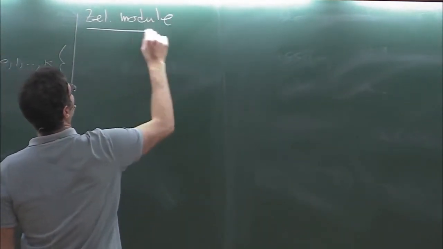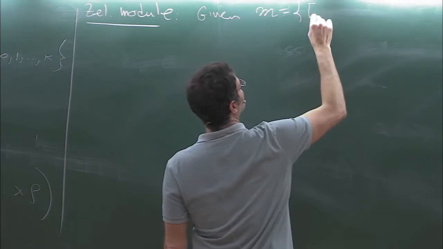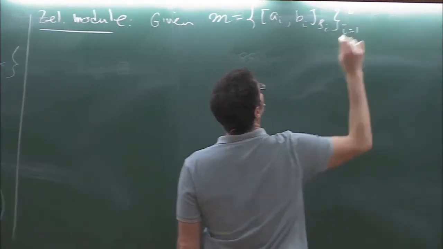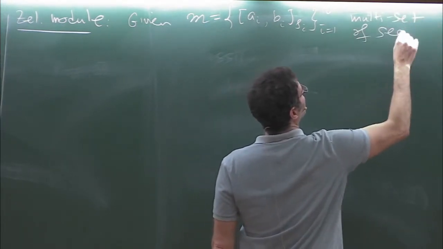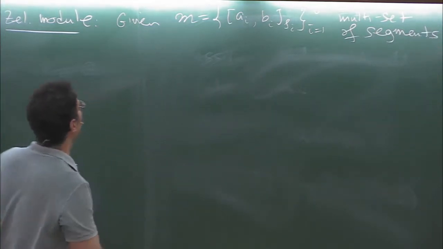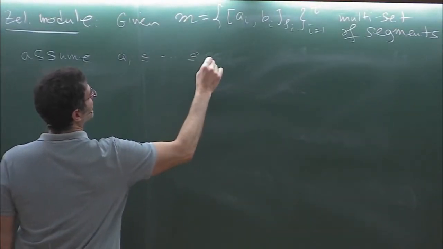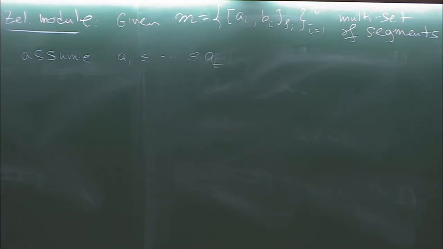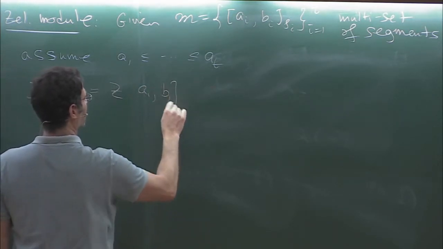What replaces the standard modules in the Zelevinsky classification is, given a collection of segments, where we may have repetitions, we order them in such a way that the starting point of every segment is in an increasing order, and the Zelevinsky module is defined to be the product of the Zelevinsky segment representations put in this order.